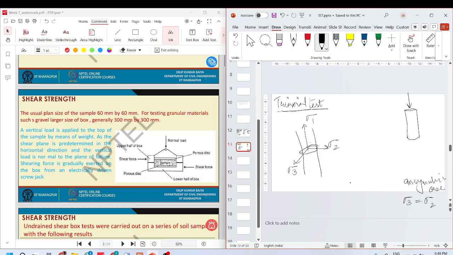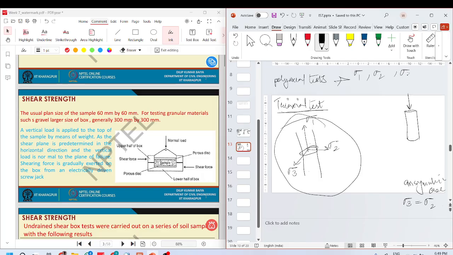There are instruments for polyaxial testing, especially for rocks, in which you don't need a cylindrical sample, so it has the ability that you can take different sigma 1, sigma 2, and sigma 3, and that is what is called true triaxial testing, and that will give you the true behavior.